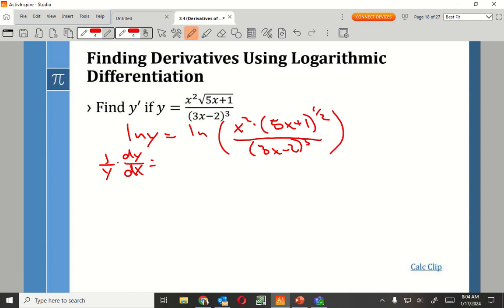So it's going to turn into ln x squared plus ln of (5x plus 1) to the 1/2 minus ln of (3x minus 2) to the third.